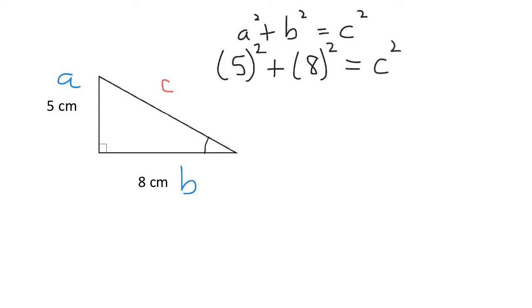The first thing I want to do is figure out what 5 squared is and what 8 squared is. So 5 squared is 25. 8 squared is 64. And that's still equal to c squared. 25 plus 64 is 89.